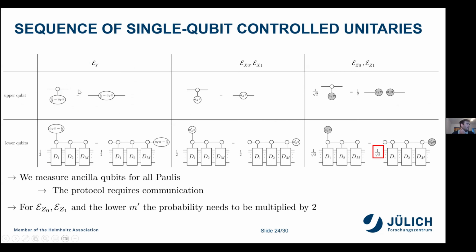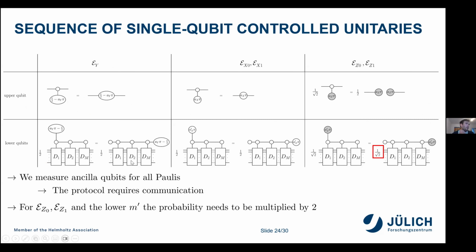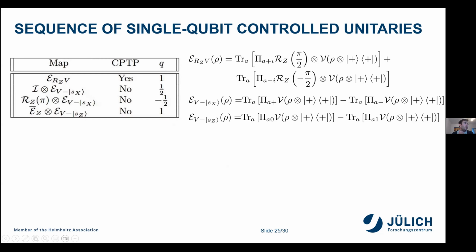The next two lines are the Pauli X, where you apply the identity or an Rx rotation, and you do this thing with the ancilla qubit for the lower qubits. And finally, the last line is for the Pauli Z, where we reinitialize what we measured, and we again use the ancilla qubit for the lower qubits.